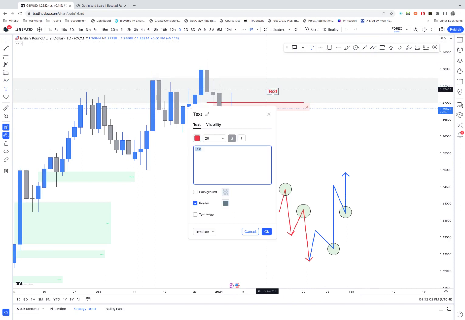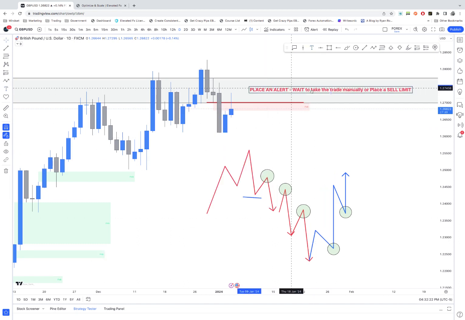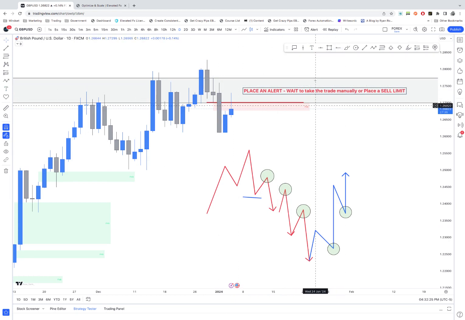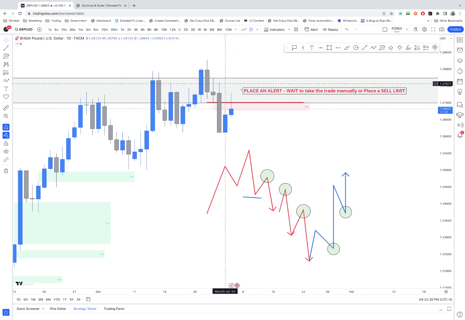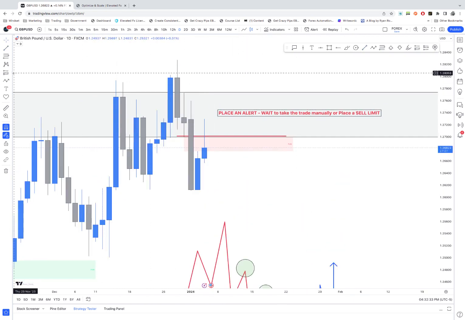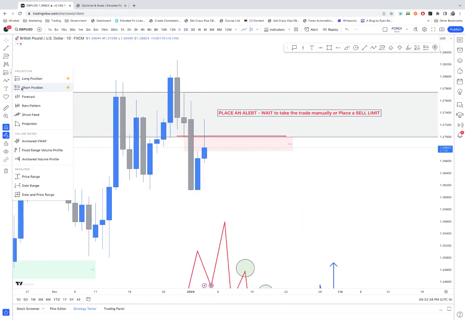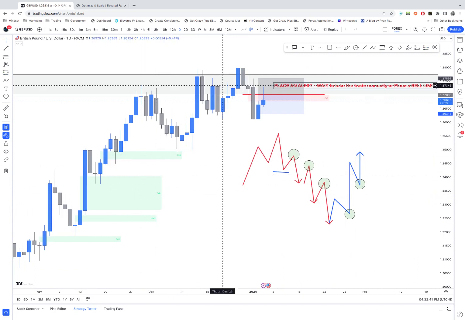So you could either place an alert and wait to take the trade manually, or place a sell limit at this zone with your stop loss wherever you are comfortable placing your stop loss, whether it's the swing high of the whole move or the swing high of the candle that it's mitigating itself. So this setup would look like this, and you would target the next key level in this zone.